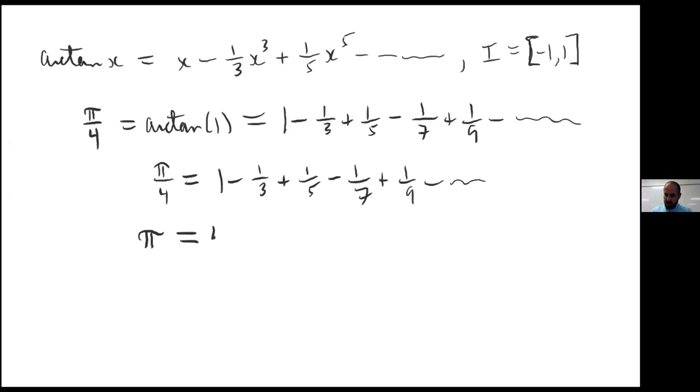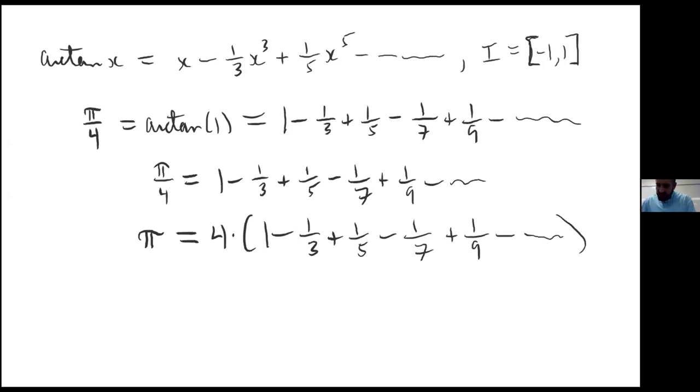Pi is equal to 4 times this series: 1 minus a third plus a fifth minus a seventh plus a ninth minus, etc. So here's the thing. If I wanted to get a really good approximation for pi, what would I have to do? Just take as many terms as I want of this series and then multiply the result by 4. Does that make sense? Okay.